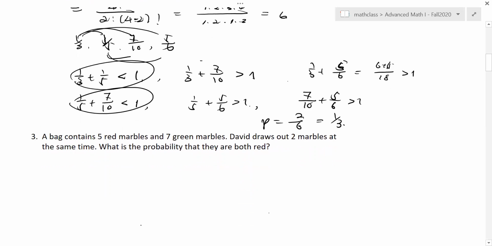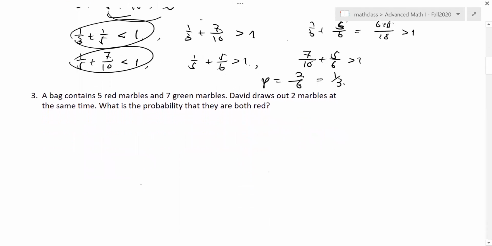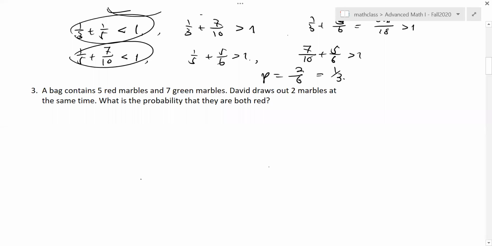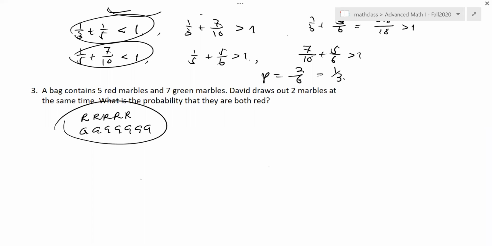All right, the next problem. Please focus on the next problem. A bag contains 5 red marbles, 7 green marbles. David draws out 2 marbles at the same time. So that means we don't count their order. We put the 2 marbles in our hands.